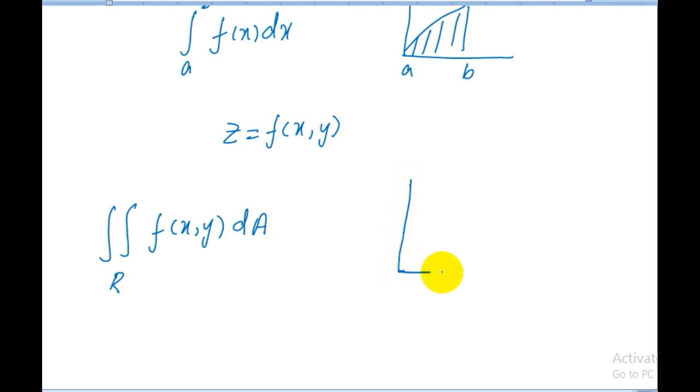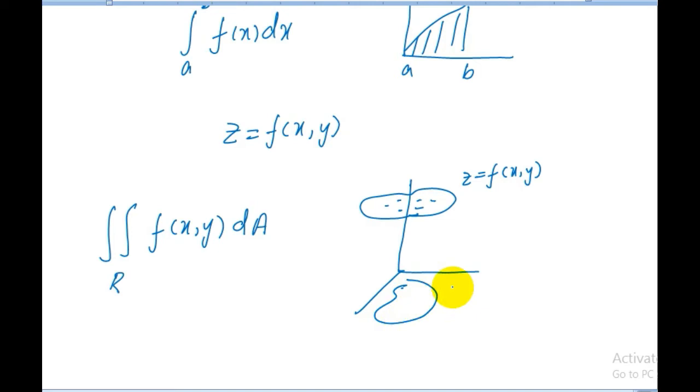We know that z equal to f of x y, a function of two variables, represents a surface in 3D space. R is the region in the xy plane, so we have a region R in the xy plane.